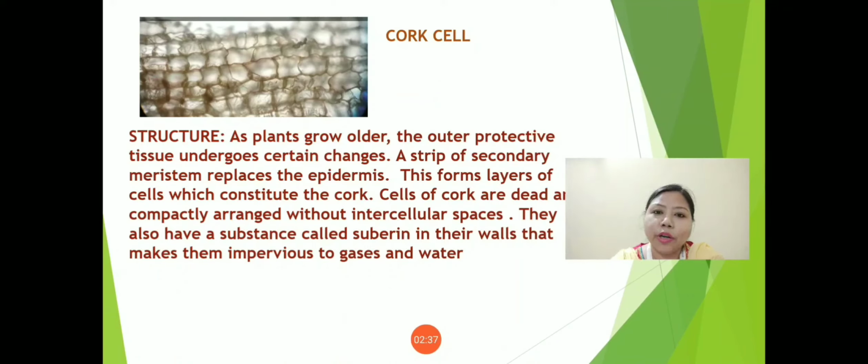Cells of the cork are dead and are compactly arranged without any intercellular spaces. They also have a substance called suberin in their walls that makes them impervious to gases and water. Cork cell is also related to the protection of the plant.